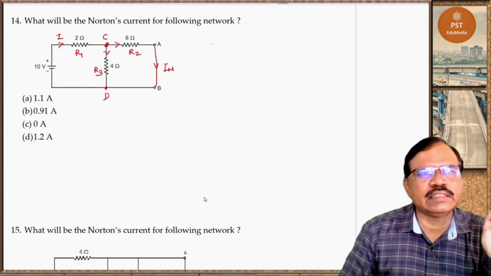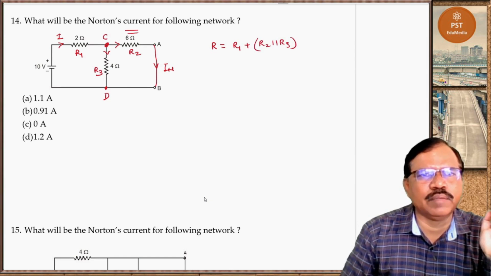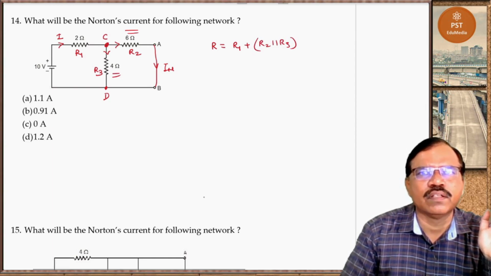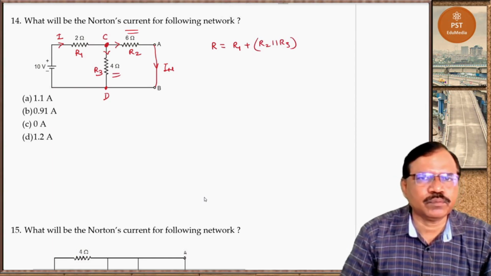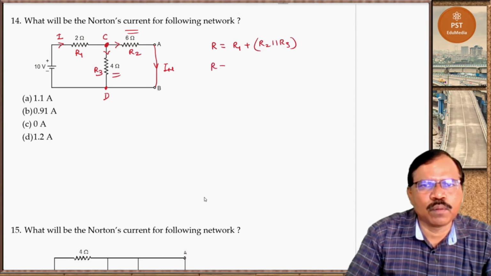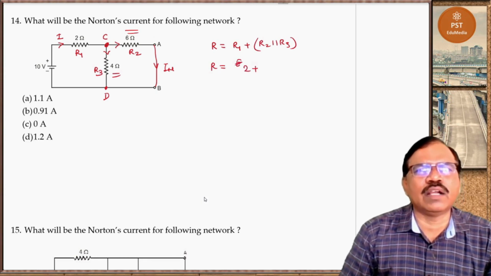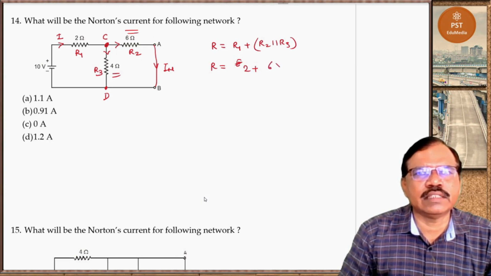So what is the resistance in the path of current? That is R1 plus R2 parallel R3. See here, this 6 ohm resistance and 4 ohm resistance are parallel with each other. So R is equal to 2 ohm plus R2 parallel R3, which means 6 into 4 upon 6 plus 4.